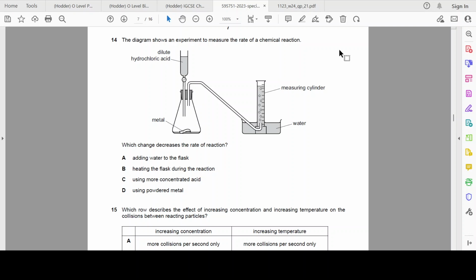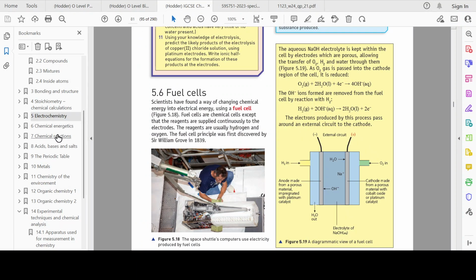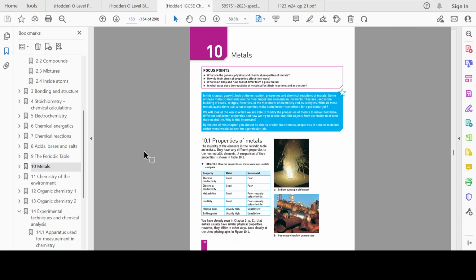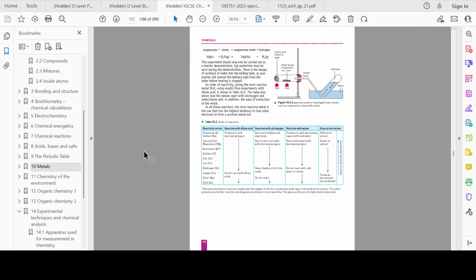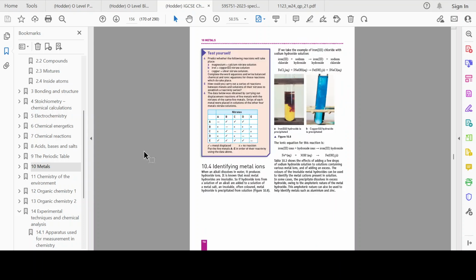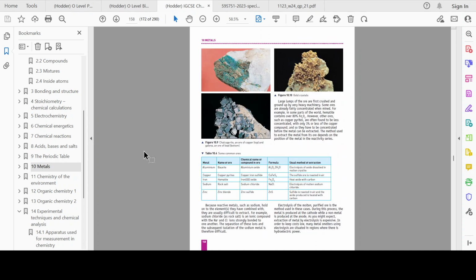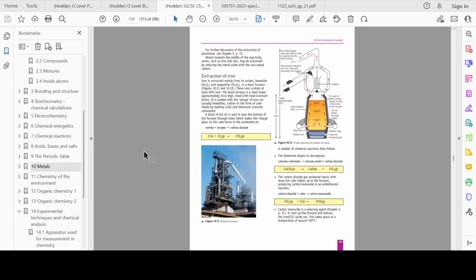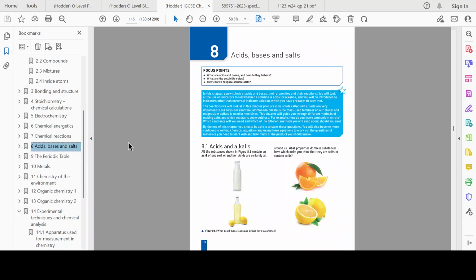Yes, a metal chloride, and it will give you hydrogen gas.